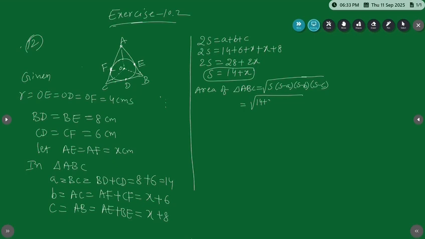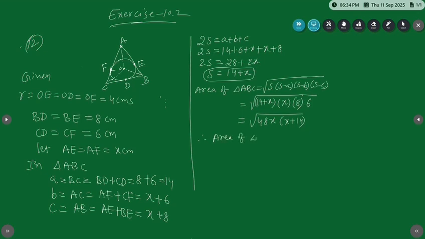S means 14 plus X. S minus a: a value is 14, subtracted from S, 14 plus X, so we get X. S minus b, b subtracted from S, gives 8. S minus c, c subtracted from S, gives 6. Multiplying these values, we get 48X into X plus 14.